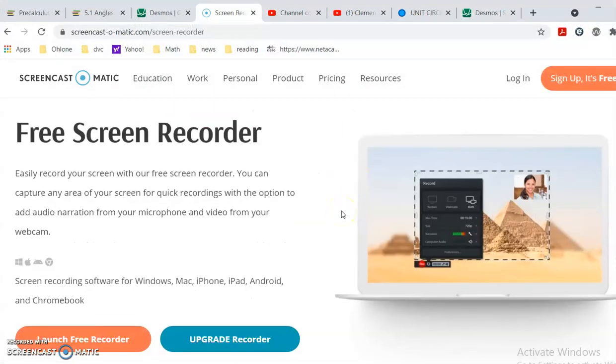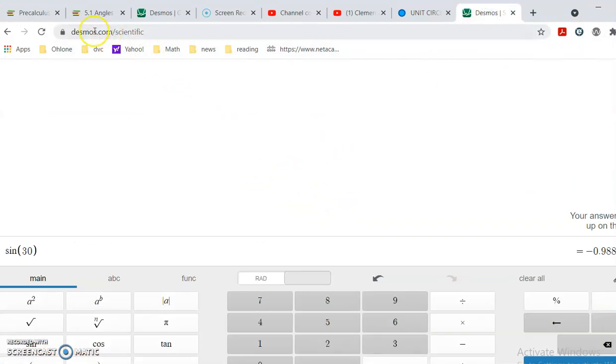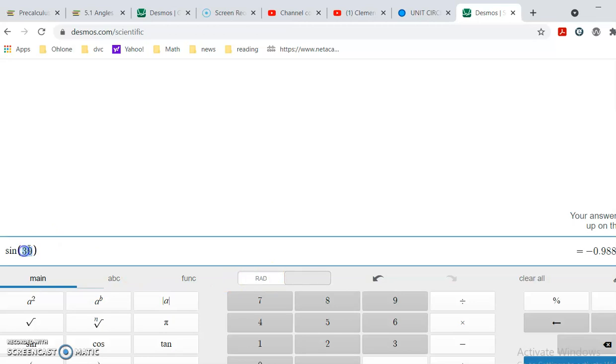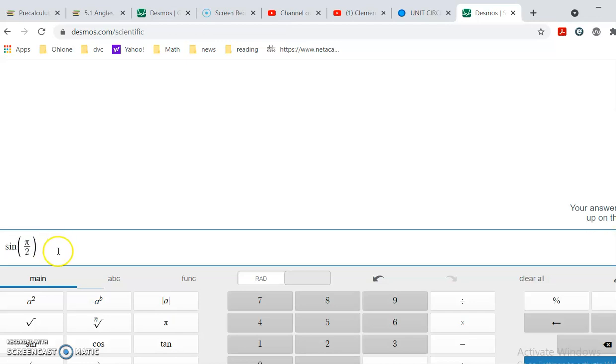So I have the decimal.com scientific calculator. In a general scientific calculator, you will have different modes, but let me talk about this one first. If you click radian, anything that you enter is in radian. So we know sine of pi over 2 is 1, right?